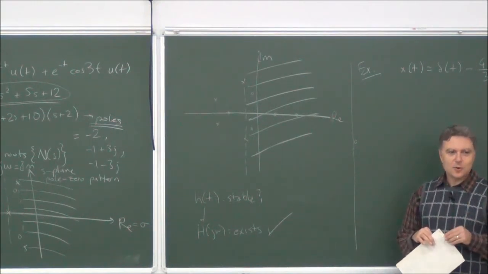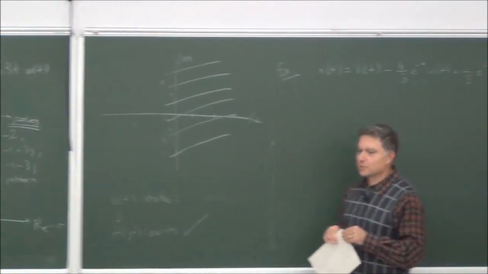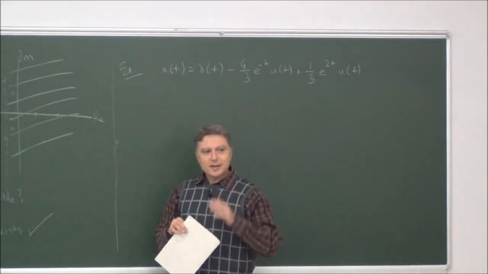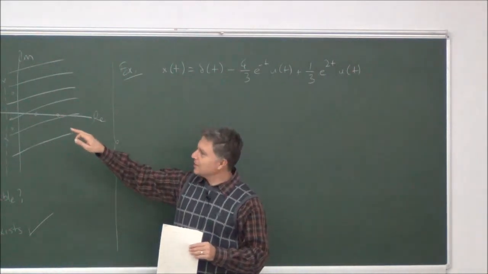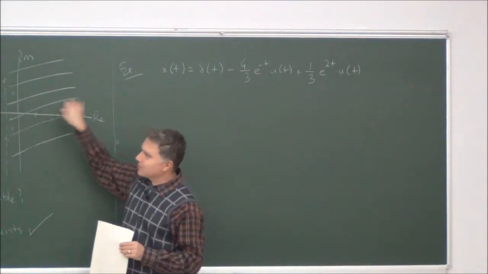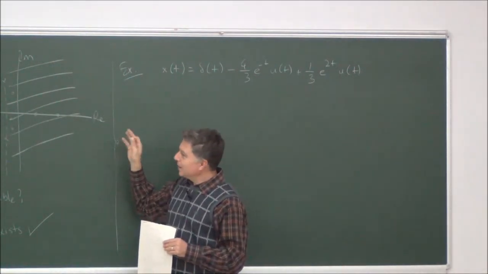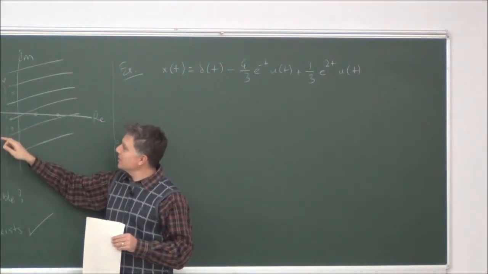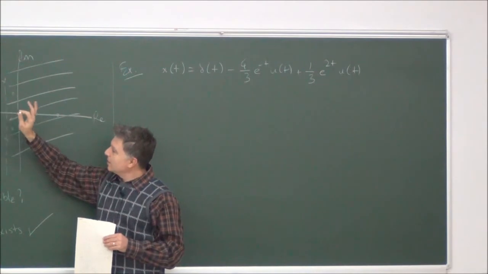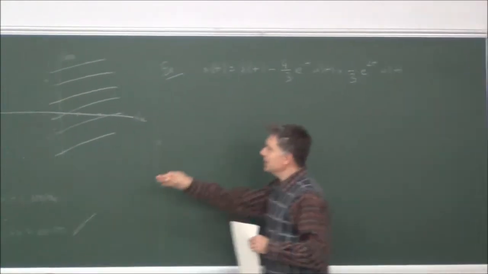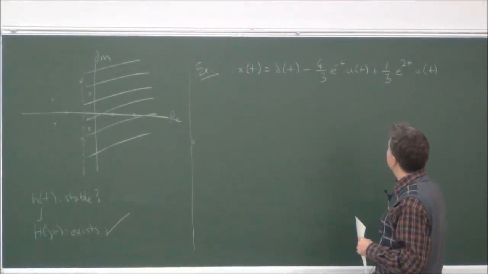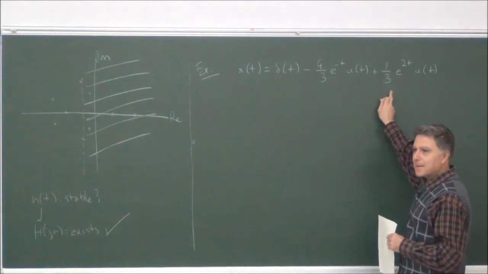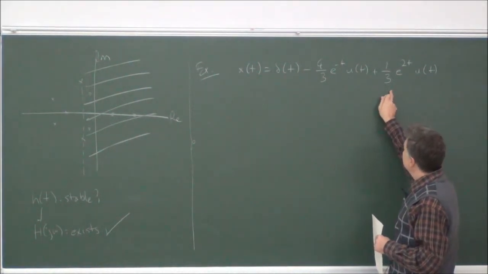Causality, or causality, whatever. I don't know the correct pronunciation of that. If the system is causal, then h of t is always to the right-hand side. And for that case, we need to have impulse responses with poles at the left-hand plane, so that the j omega axis is included.